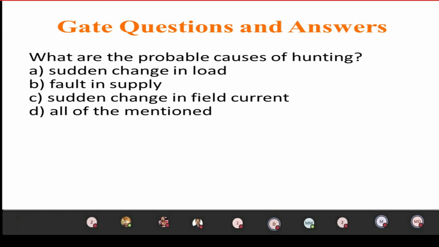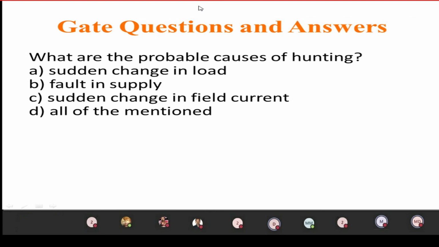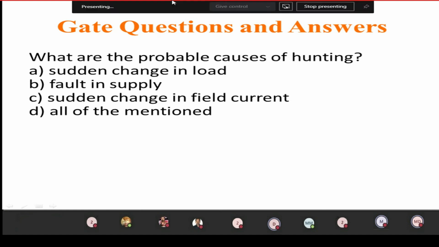While mentioning hunting, a word called sudden change in load came up. So A is correct. Fault in supply, then sudden change in field current. So all the answers mentioned are correct.